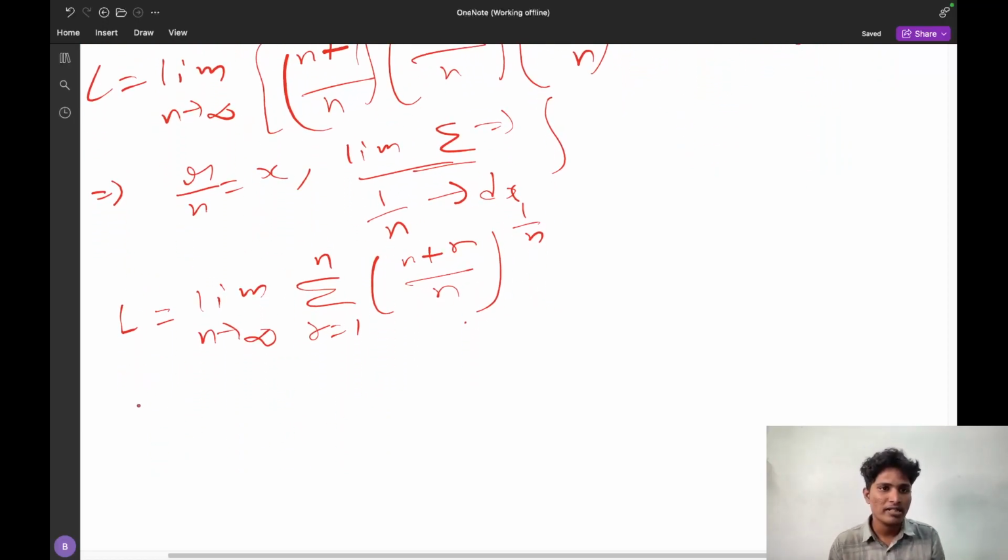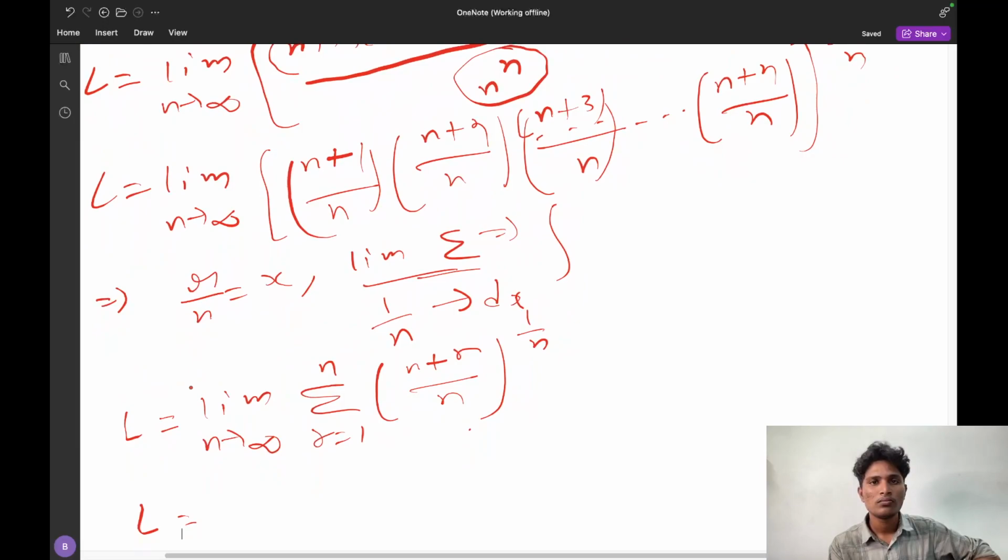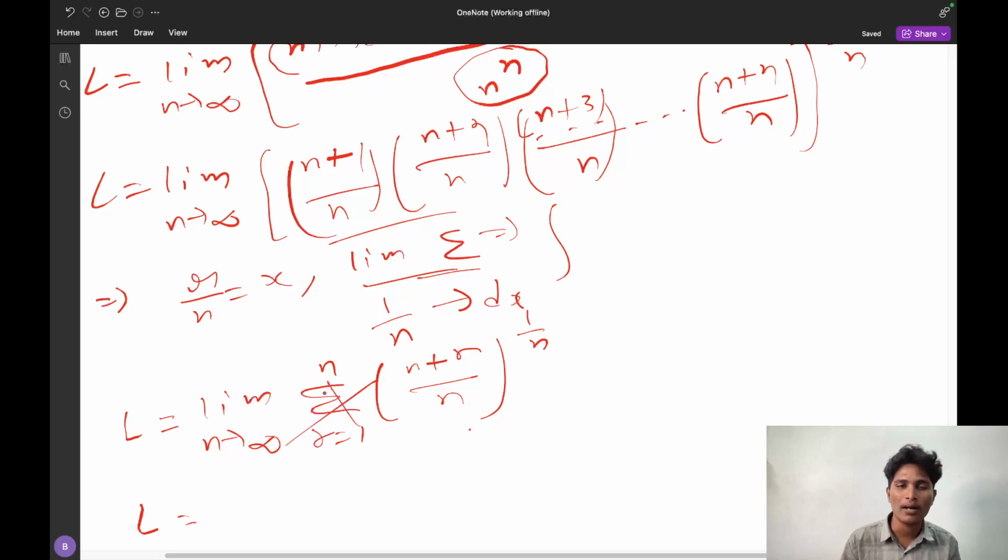Now if you observe carefully, this is L, but this is a multiplication. We cannot write sigma here. When can we write sigma? By taking log on both sides.